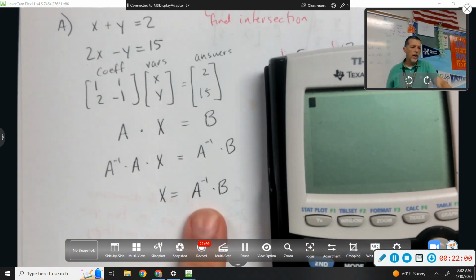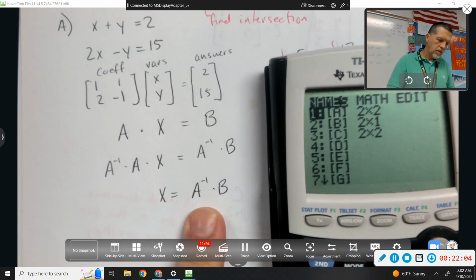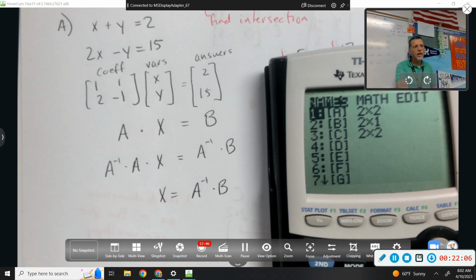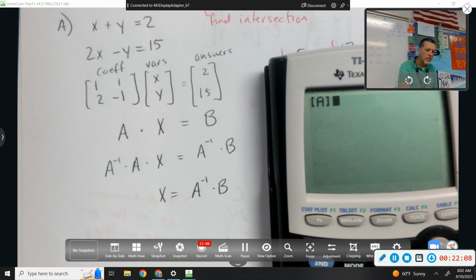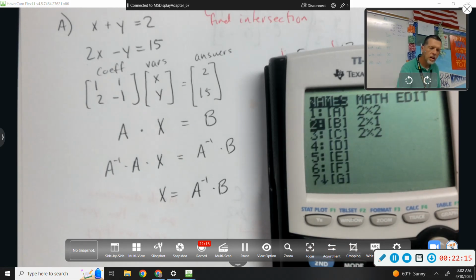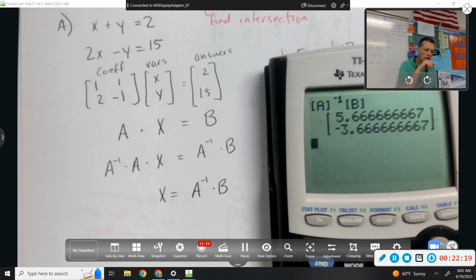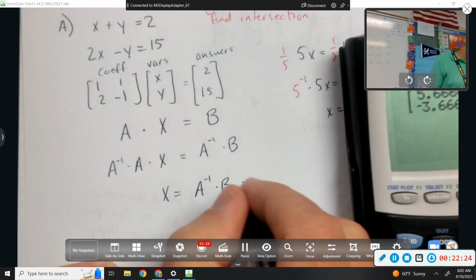Now we're ready to do A inverse times B. So go get matrix A, and then do the inverse thing. And then times, go get matrix B. A inverse times B. And there's our answers, sort of.